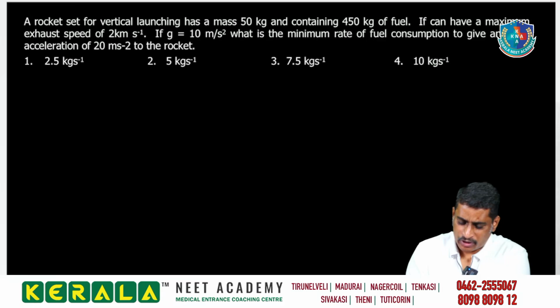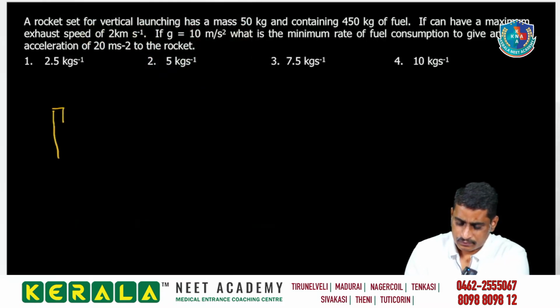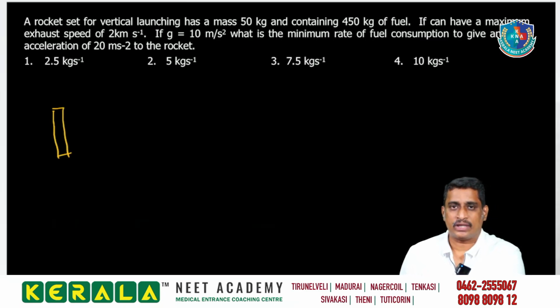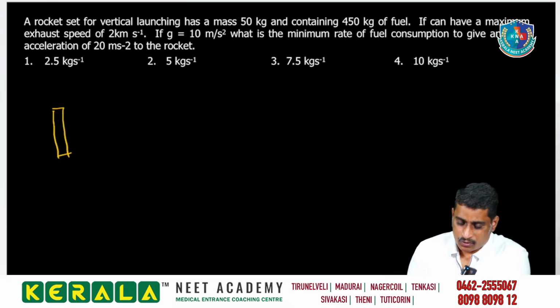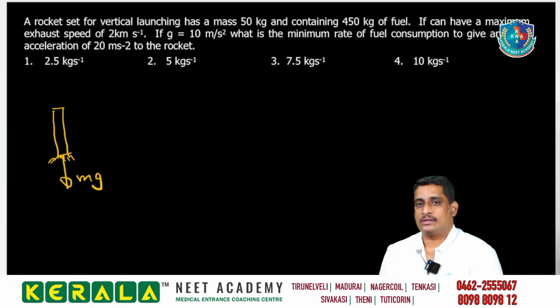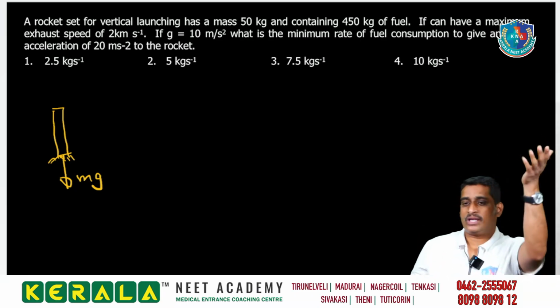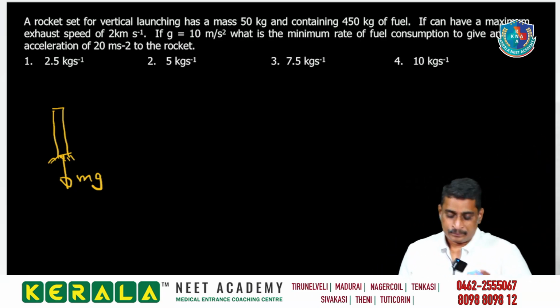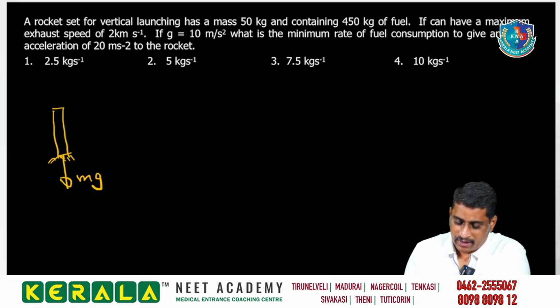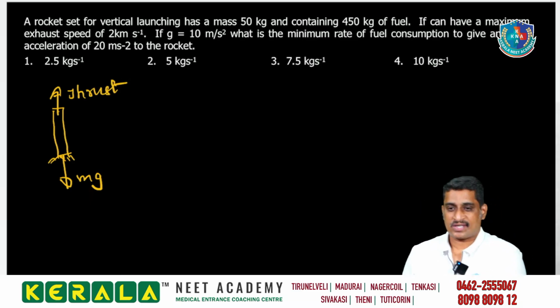In case of rocket propulsion, majorly 2 forces are acting over the rocket. One force is nothing but the weight of the rocket, mg downwards. And the second force is the force exerted by those gases over the rocket. Total 2 forces are acting. The force exerted by gases over the rocket, we call it the upward thrust.